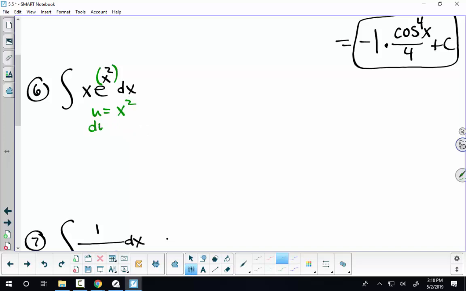Take the derivative, so du is 2x dx. And again, I don't have an x and a dx left over. What I have is just the x and the dx. So I have 1/2 du is x dx.